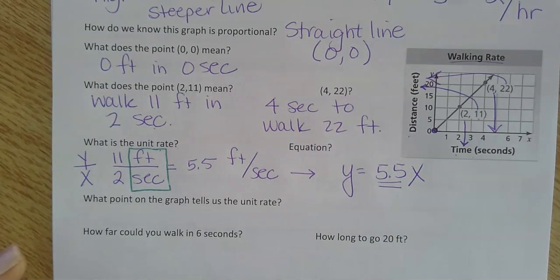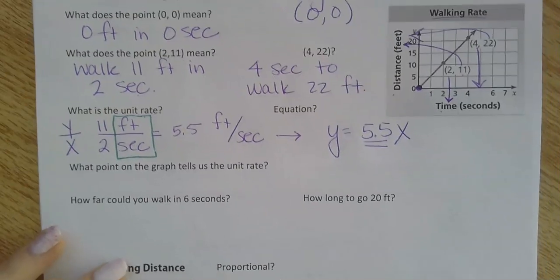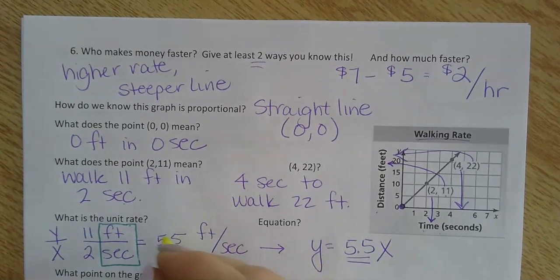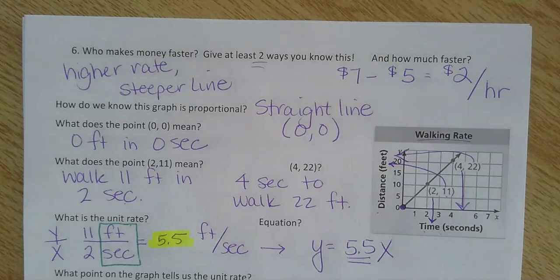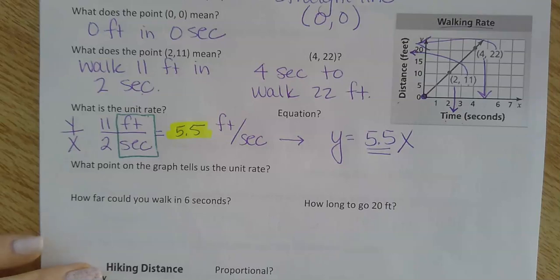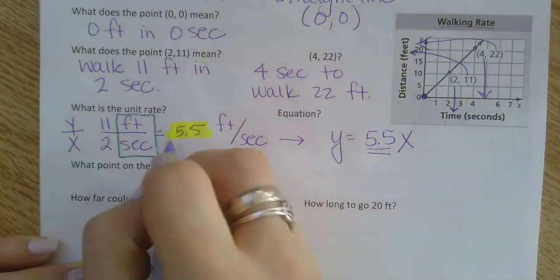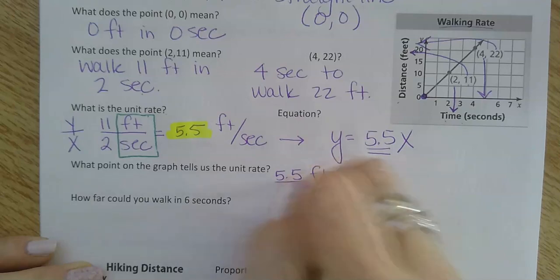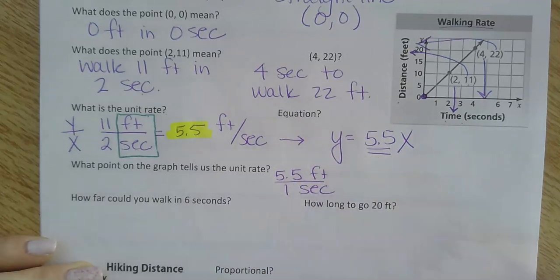Okay? A couple more questions to go with this graph. It says, what point on the graph tells us the unit rate? You are looking for the point on the graph that has 5.5 feet in 1 second. So I'm going to split this up again. And remember that that unit rate can be split. 5.5 feet in 1 second.